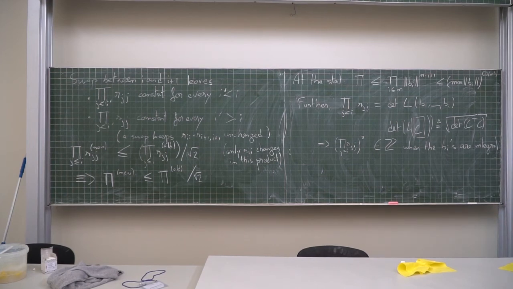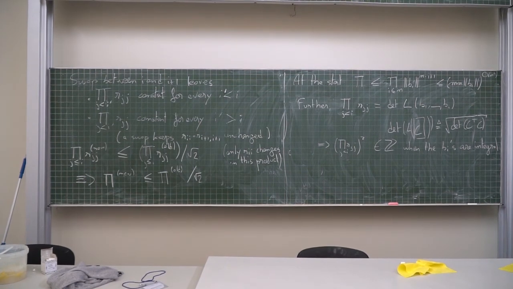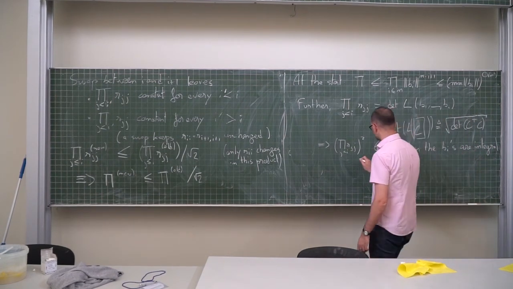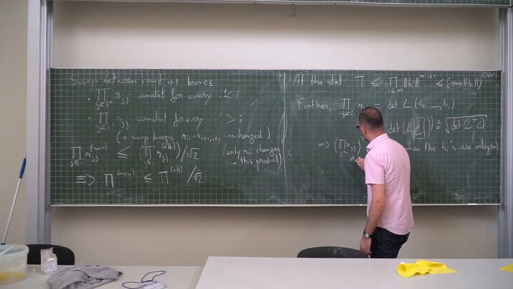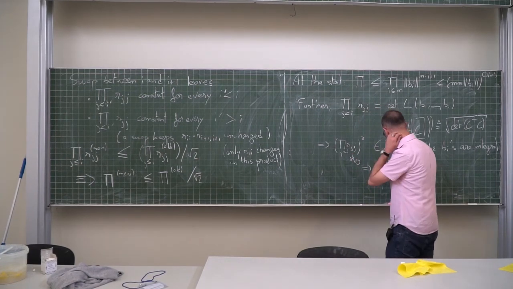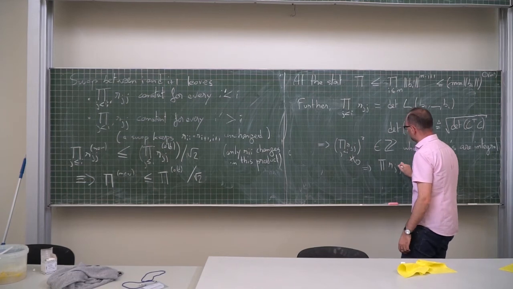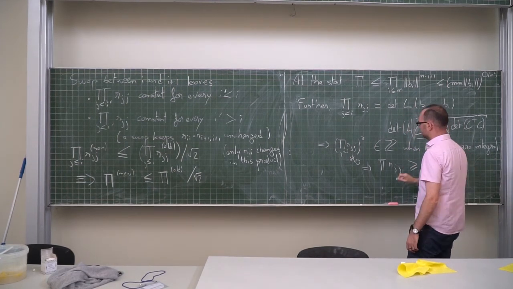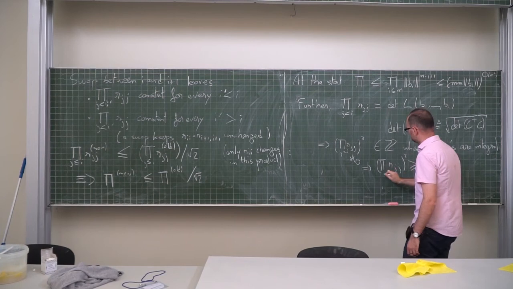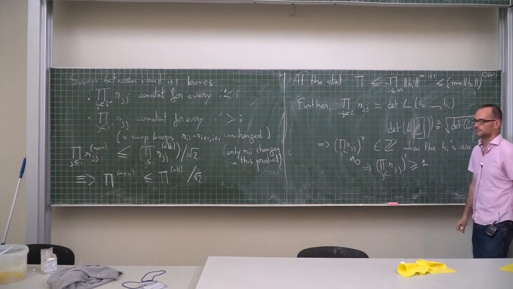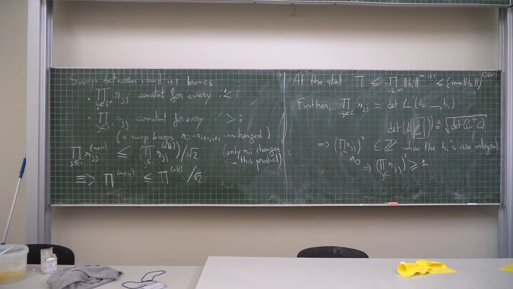So the square of the determinant is an integer. It's not 0 because none of the R_jj can be 0. So it's at least 1. And if the square is at least 1, the non-square is also at least 1.